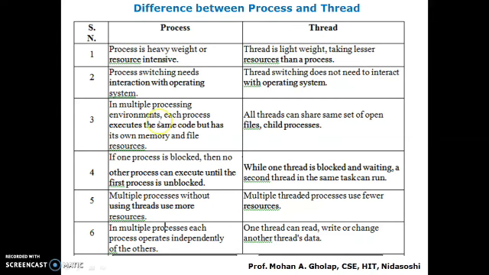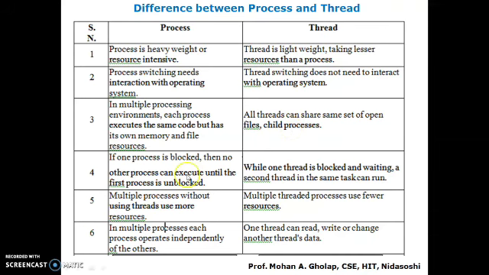The third difference is that in multiple processing environments, each process executes the same code but has its own memory and file resources. All threads can share the same set of open files and child processes. So every process has its own memory and file resources, and it will consume much more resources compared to threads.